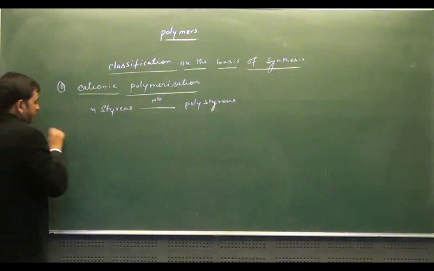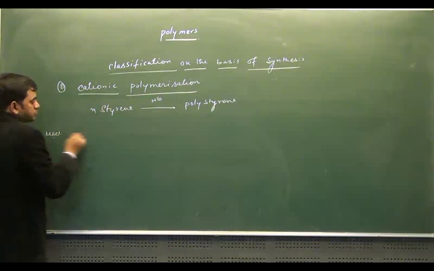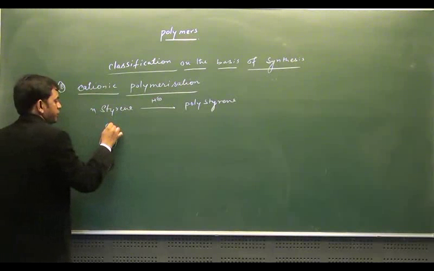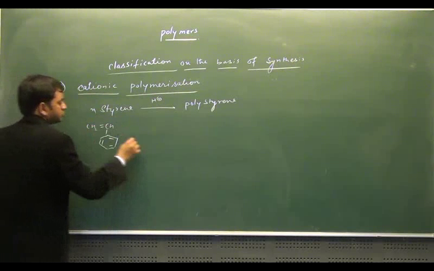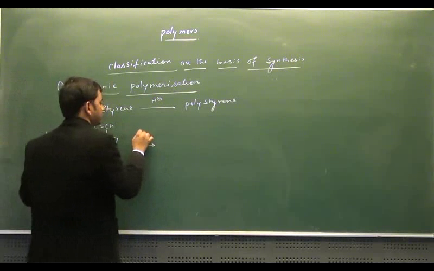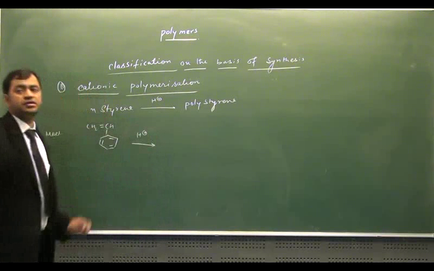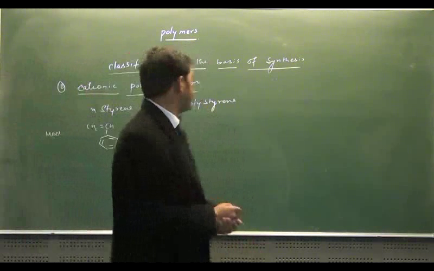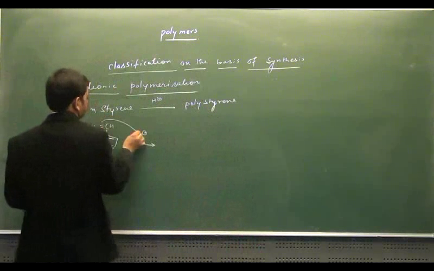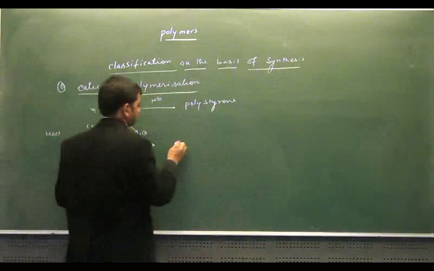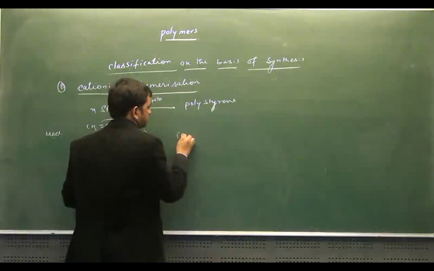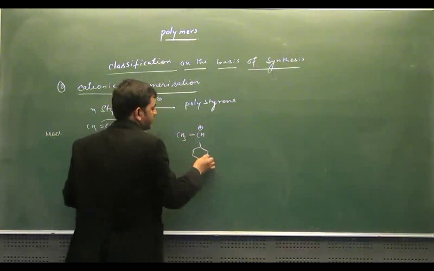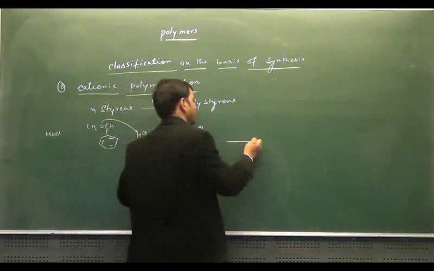If you see the mechanism, this is again styrene, CH double bond CH2. When H plus is added, either H2SO4 or an acid, it gives the cation, that is CH3-CH positive. It proceeds via a cation as intermediate.